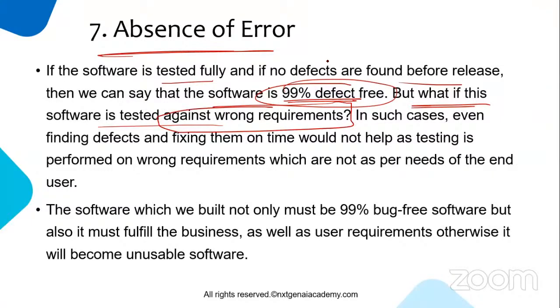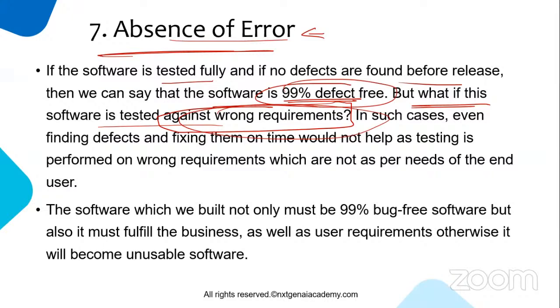You say I have tested, no defect, it is 100% perfect. That's not possible. So it doesn't mean no defect means the application is good. Absence of error is not necessarily a great thing.